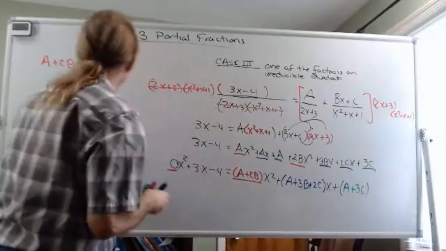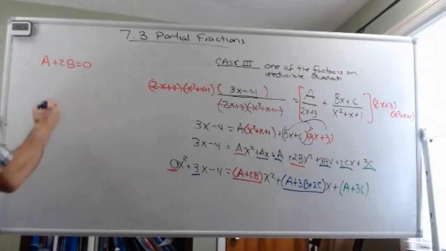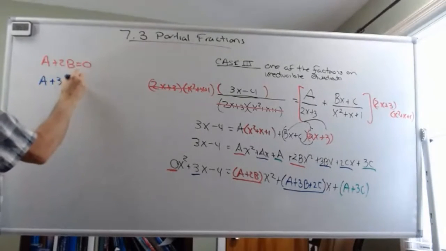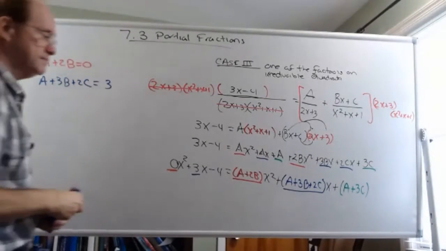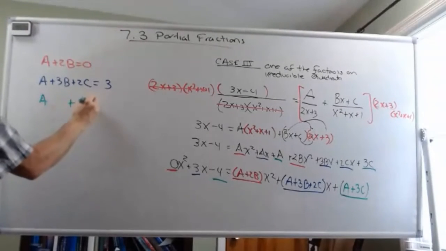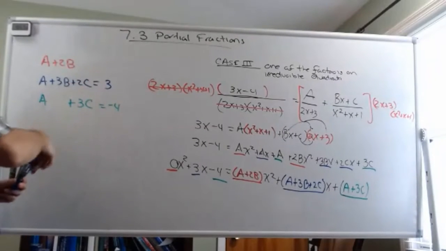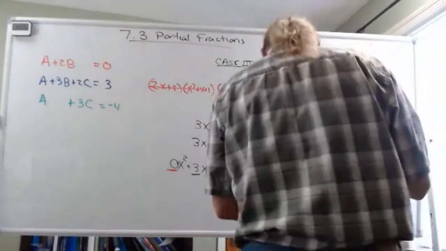The next equation, A plus 3B plus 2C, has to equal a positive 3. Then this last equation is my constant, so A plus 3C has to equal negative 4. I'll set this up more like a system of equations.